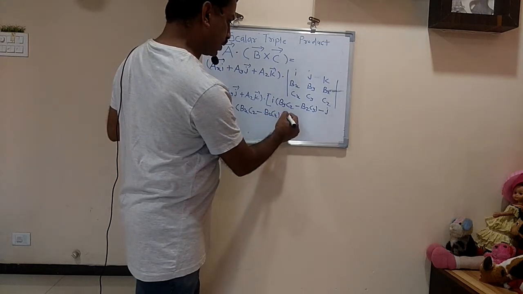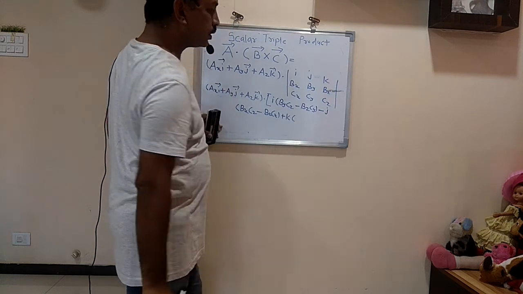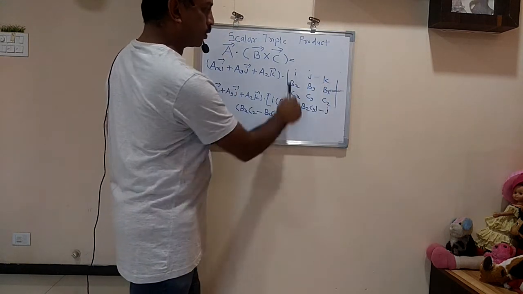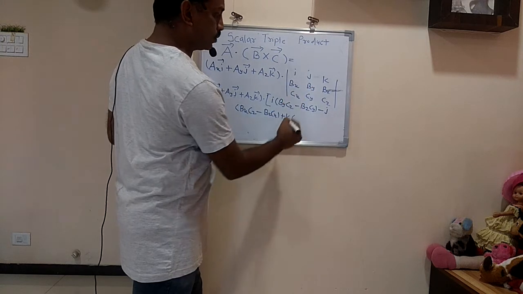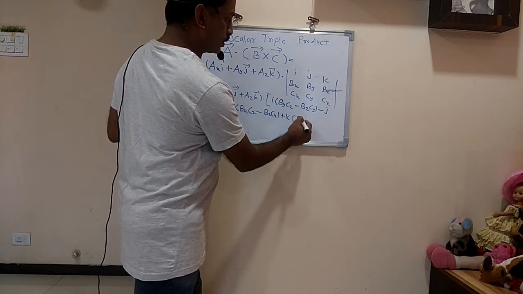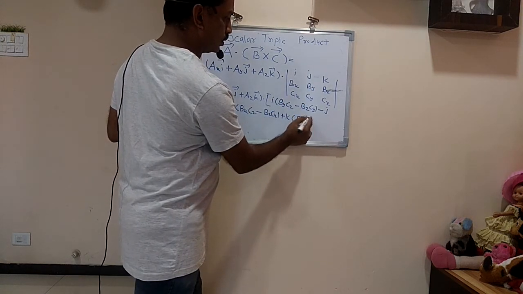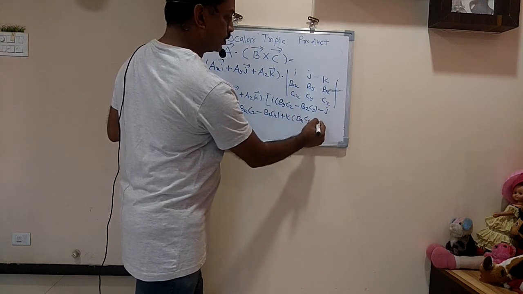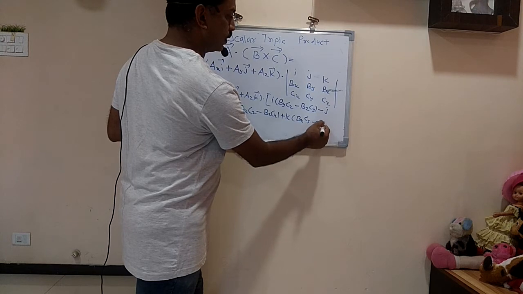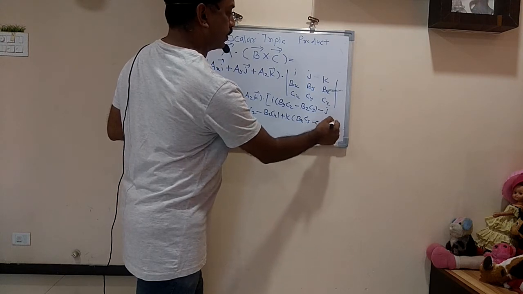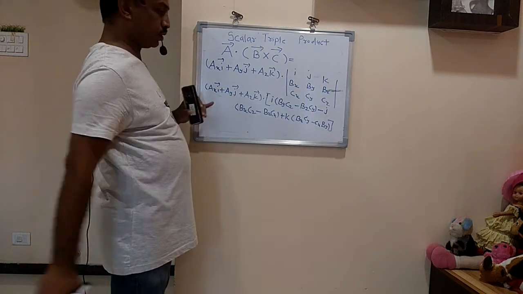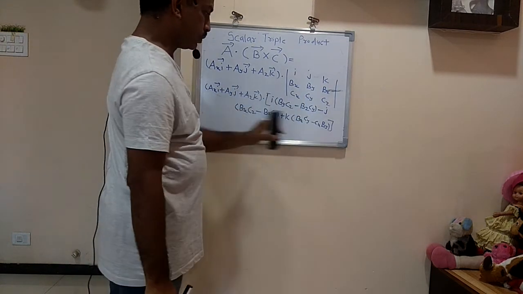Now for the third term, k: don't consider the terms below it, and take the cross multiplication of the remaining four terms: bx cy minus cx by.